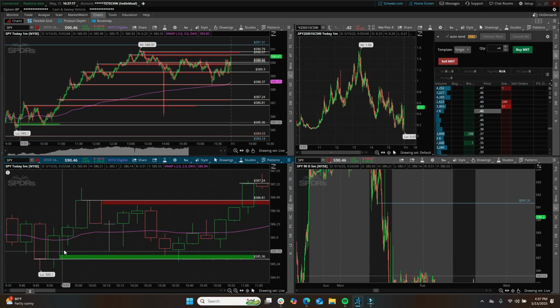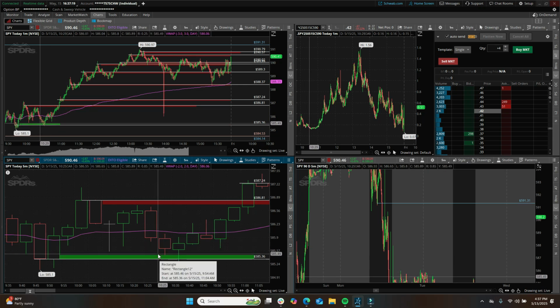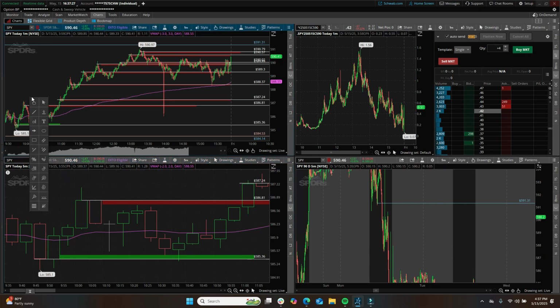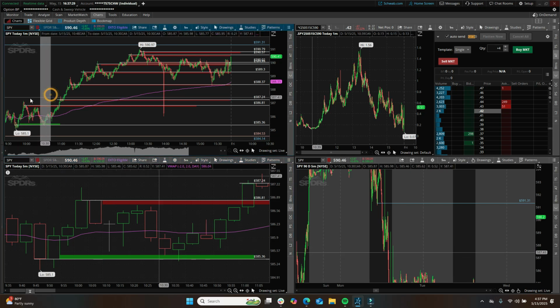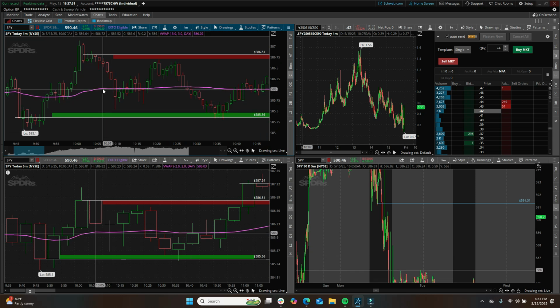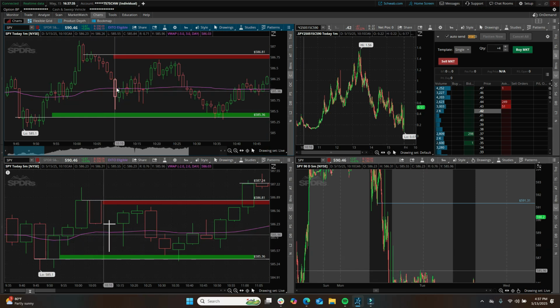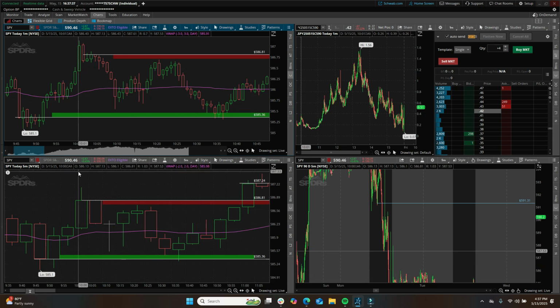Now, I got an alarm at the major demand zone. I was not feeling the idea of trading off of this demand zone, I have to admit. Because of my bias, I guess you can call it bias, I didn't like all this choppiness. I really didn't like how this looked.